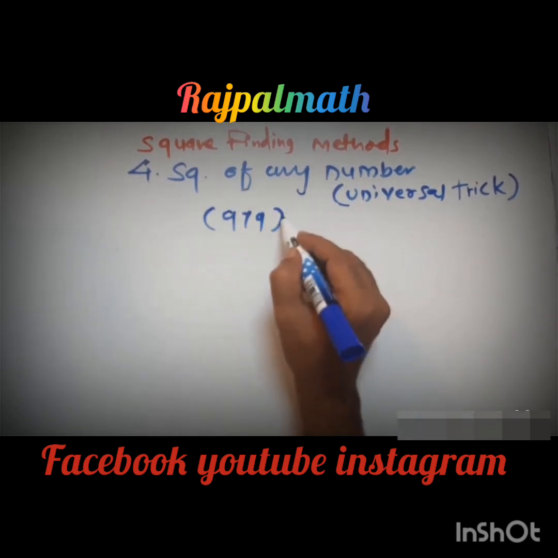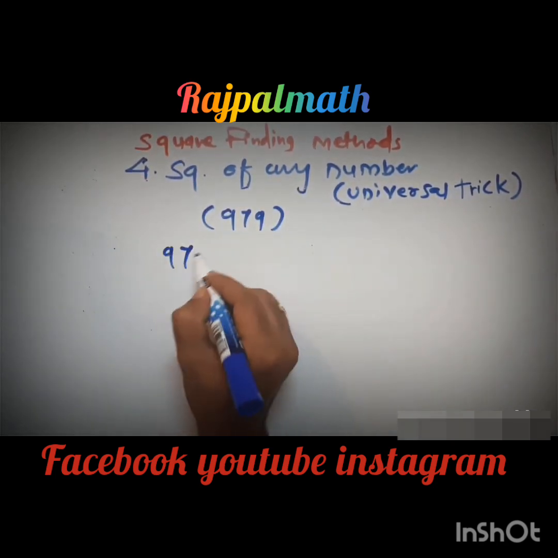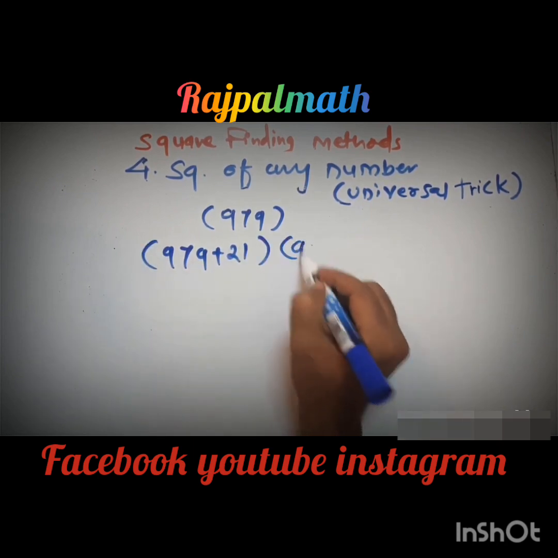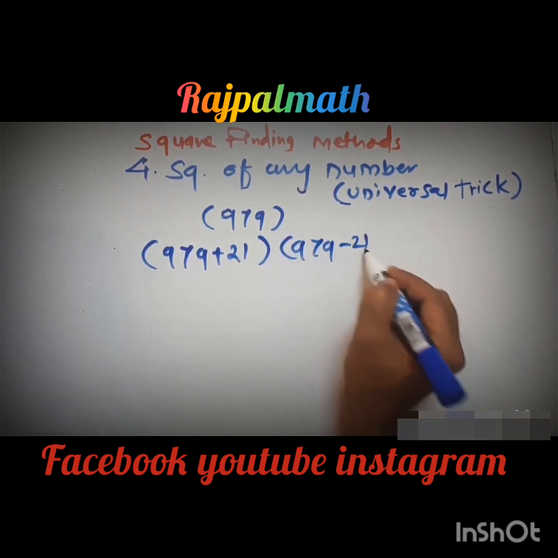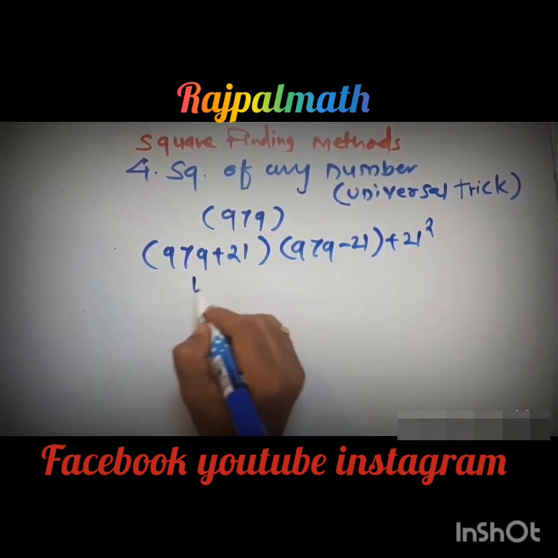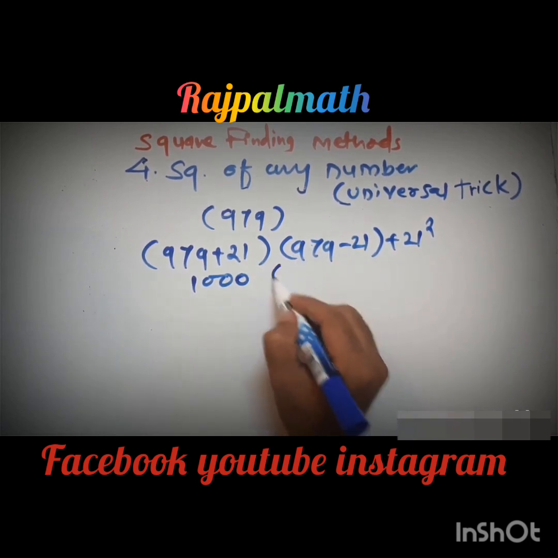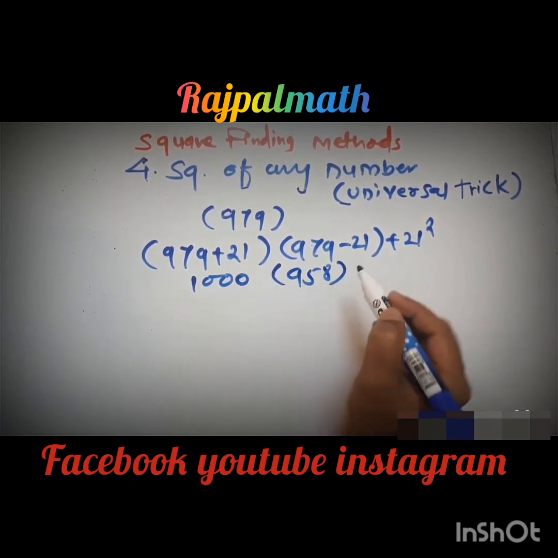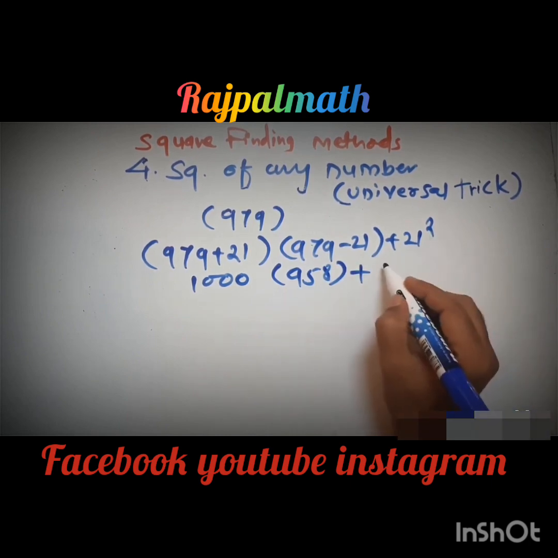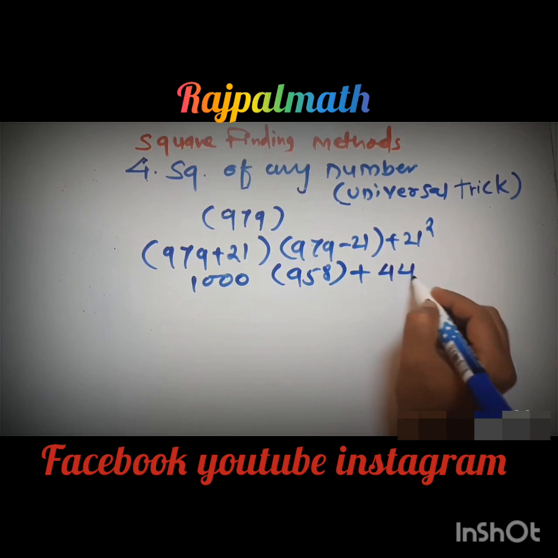So 979 is close to 1000, so I can represent it as 979 plus 21 and 979 minus 21, plus 21 square. So this is 1000 into 979 minus 21 is 958, plus 21 square is 441.